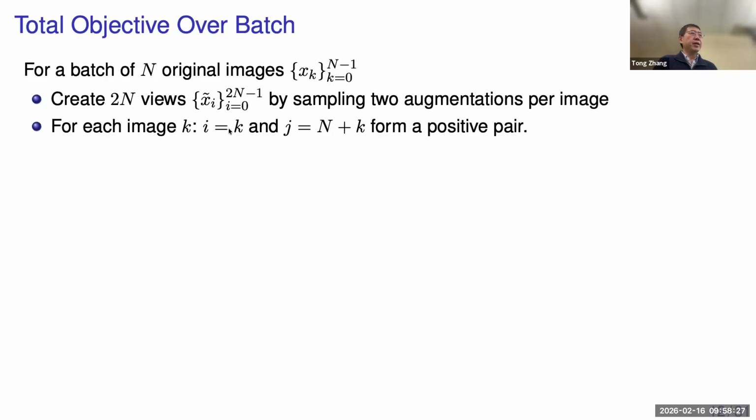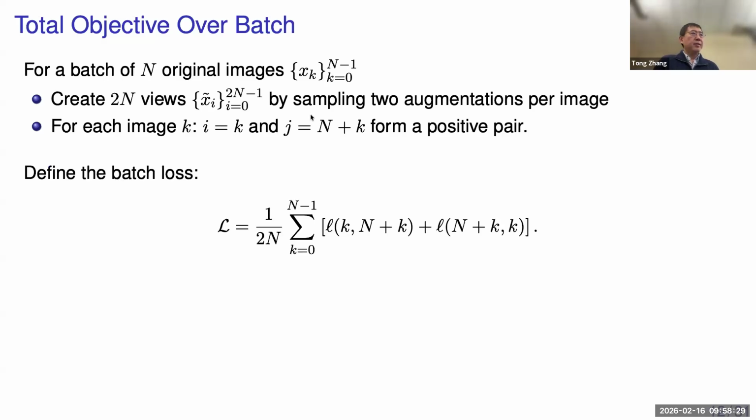For each image k, you start with the basic image and generate 2 views. These 2 views form a positive pair. Then you define the loss based on the previous one.